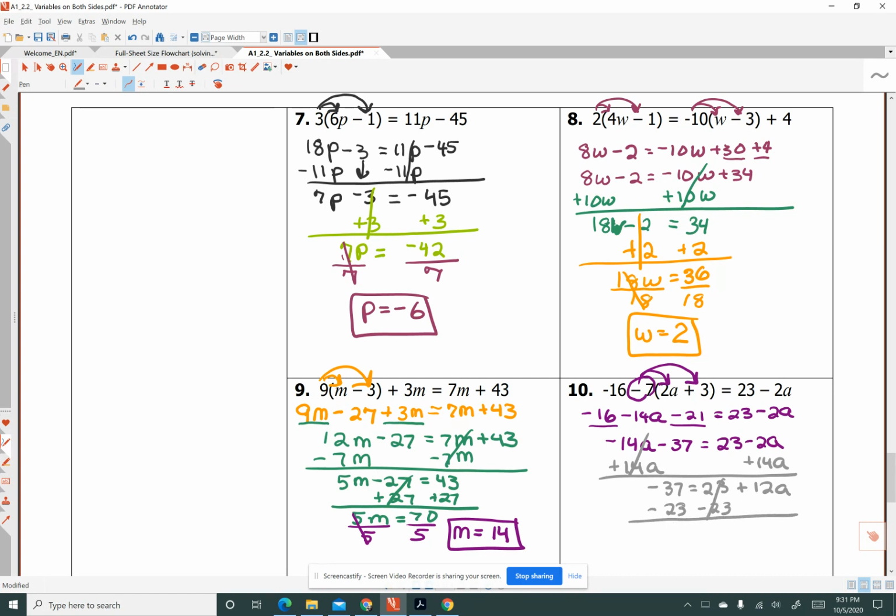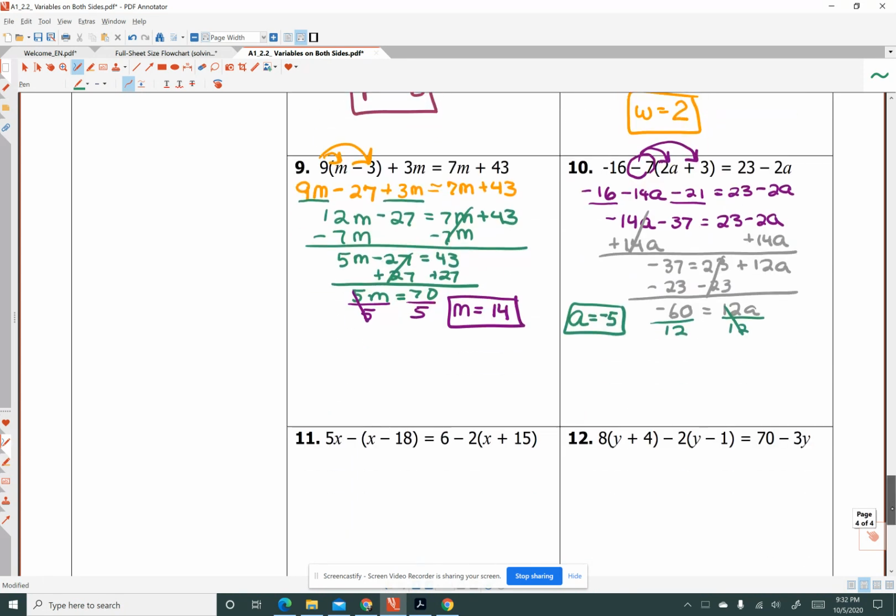And I will have -60 equals 12a. And now I have a being multiplied by 12, so I will divide by 12 on the right side too. And that will give me a equals -60 divided by 12 is -5.